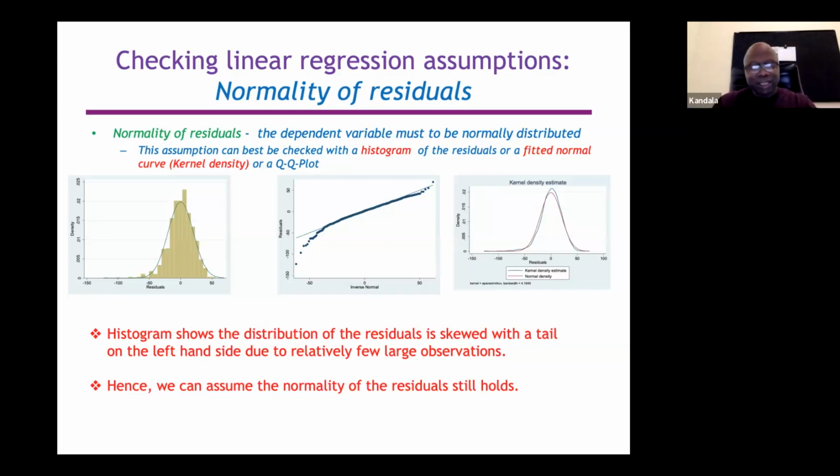But in practice, in real life, if there are outliers, you need to deal with them, and there are techniques on how to deal with them. This is equally important for missing data, as we said.